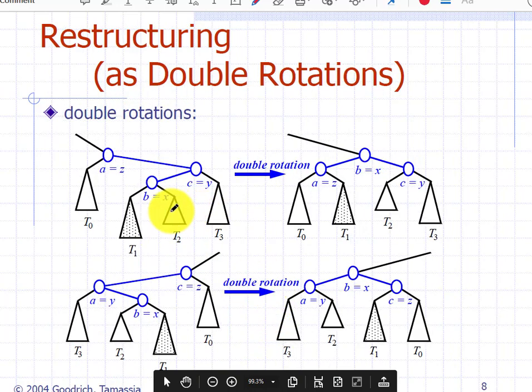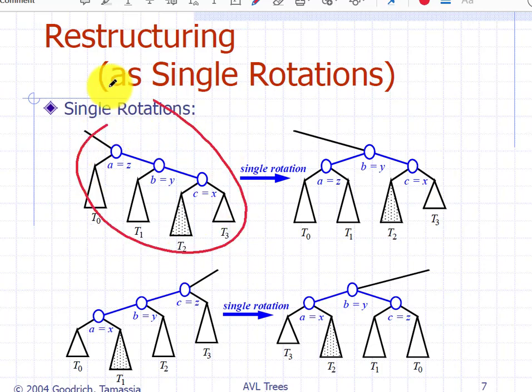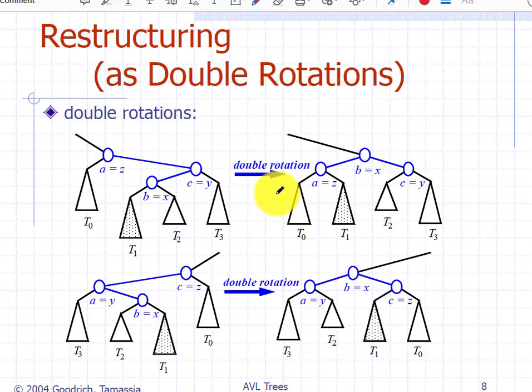A double rotation, and in this case, you could have this. This is the one we saw in the previous example, but you could have this as well. And if you have this, you simply twirl around B and C, and then you come here. And that's easy. That's why they call it the double rotation, because you need 2 single rotations to get it right.